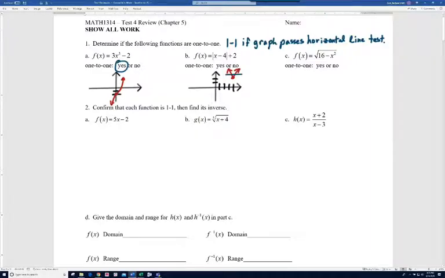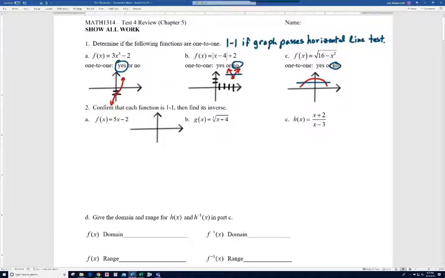And you can see that doesn't pass the horizontal line test, so the answer here is no. On letter C, I would probably just put this one into a calculator, and you get a graph that looks something like that. And you can see that doesn't pass the horizontal line test either, and so the answer is no. All right, on number 2, we're supposed to confirm that each function is one-to-one, and then find the inverse.